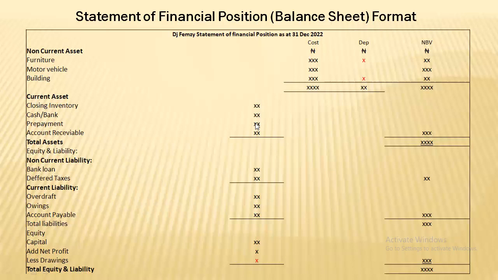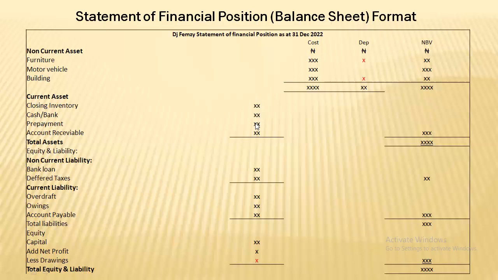Then we now have our equity. Equity consists of the capital of the business, and you add your net profit, the net profit that will be derived from the statement of profit or loss or the comprehensive income statement. If there are any drawings during the year, if the individual has made any withdrawal, it will be taken out of the capital account, and as such, we now have the total figure.